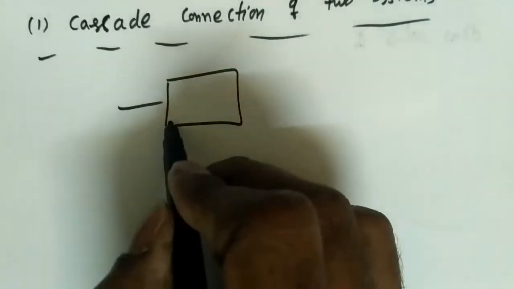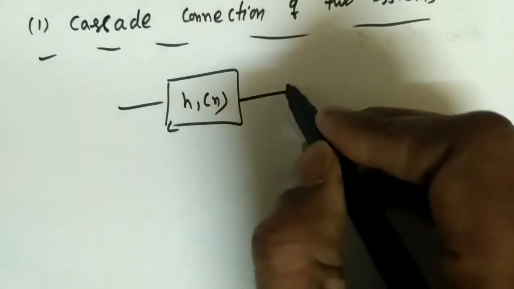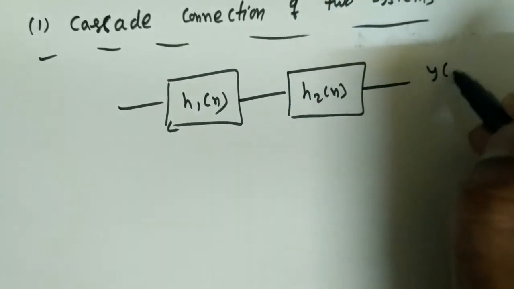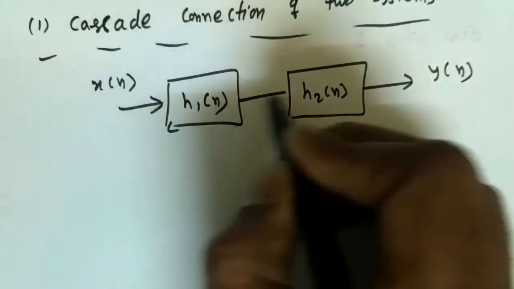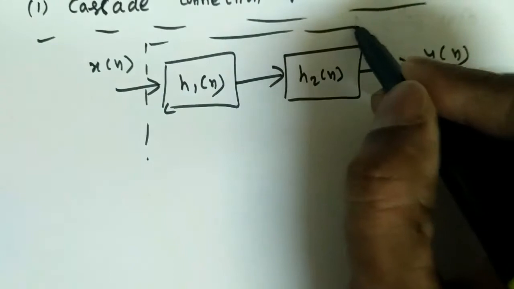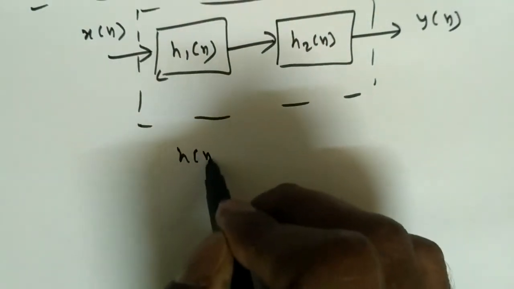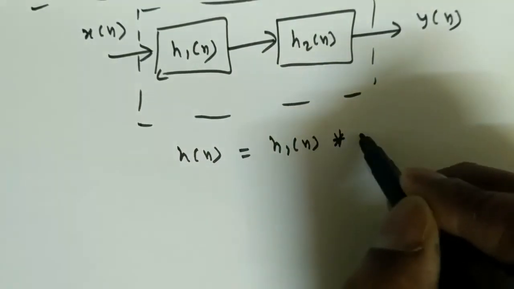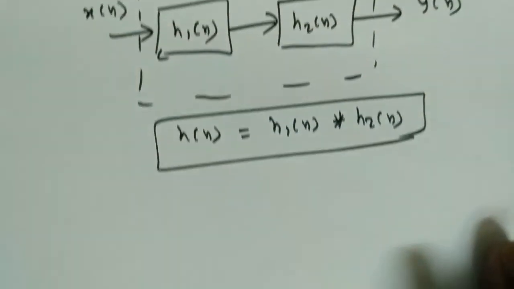So one system is there, which has the impulse response h1 of n, and in cascade one more system which has h2 of n, and here we have to get y of n. This is x of n. Now, how to find the total impulse response or total frequency response? Whenever there is a cascade, the total impulse response is nothing but the convolution of these two signals, h1 of n convolved with h2 of n, right?